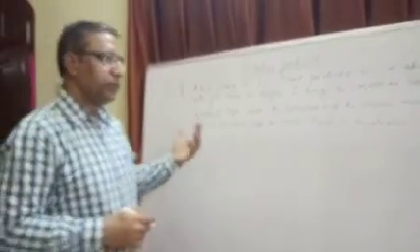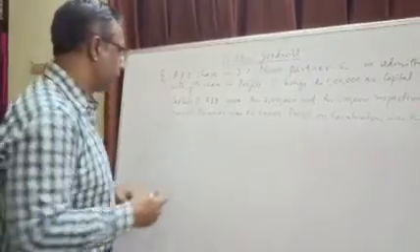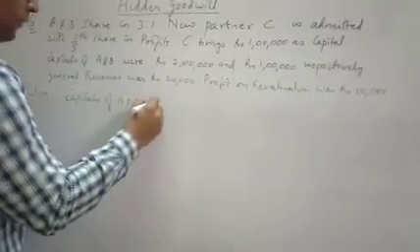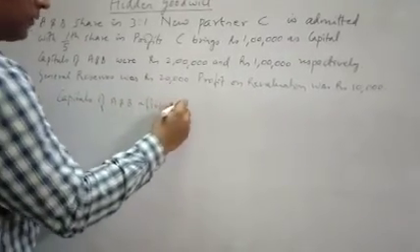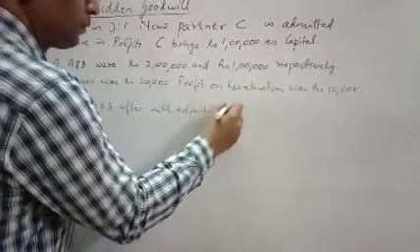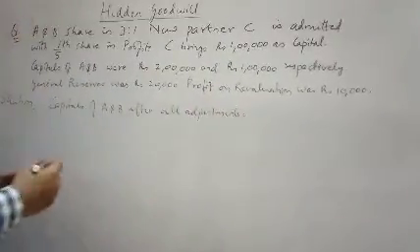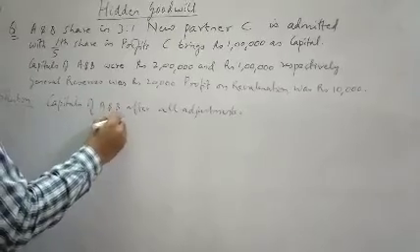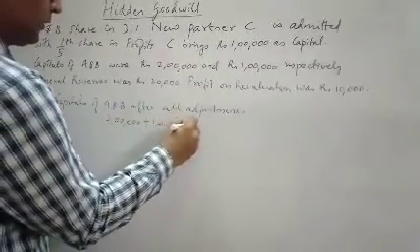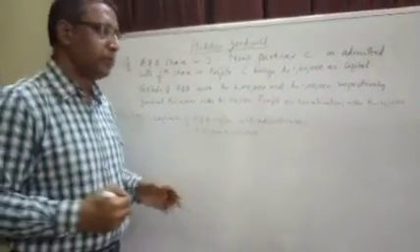First we will find out the capitals of A and B after all the adjustments. A's capital is 2 lakh, B's capital is 1 lakh. General reserve is given as 20,000.